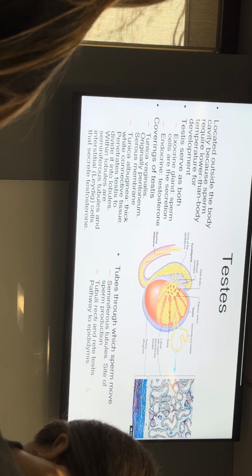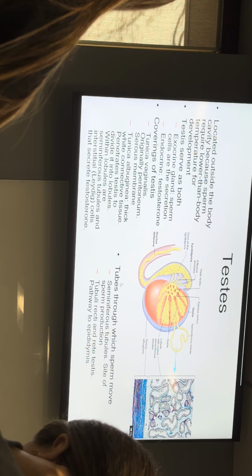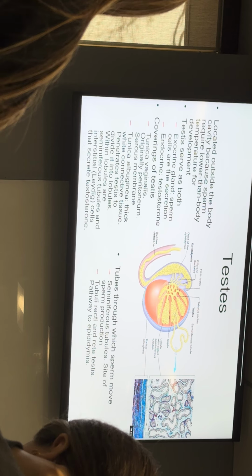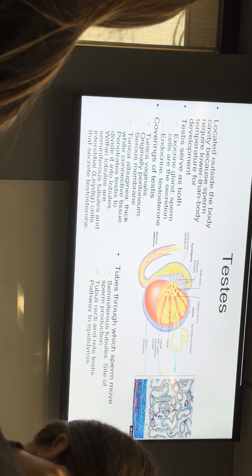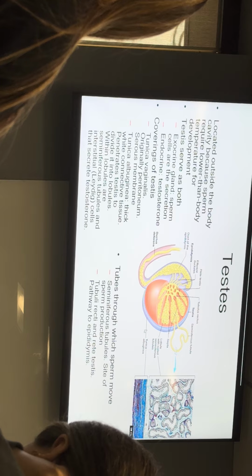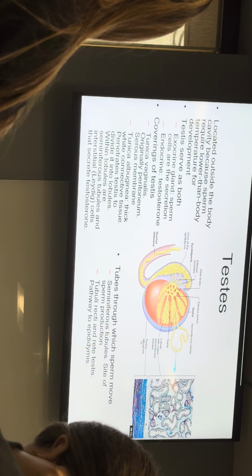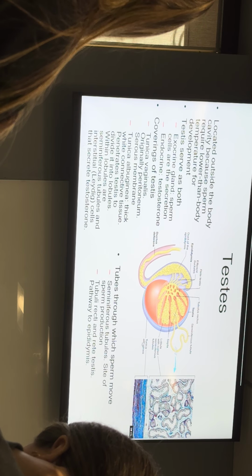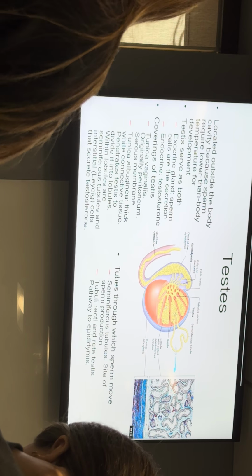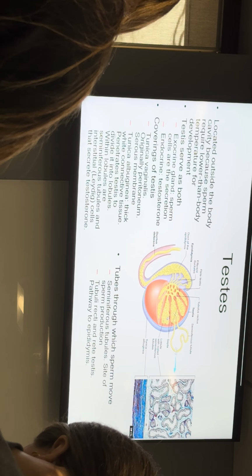Okay, now to your testicle. So your testicle on the very outside has a thick connective tissue membrane called the tunica albuginea. And then that tunica albuginea extends into your testicle to form these little divisions called septa.